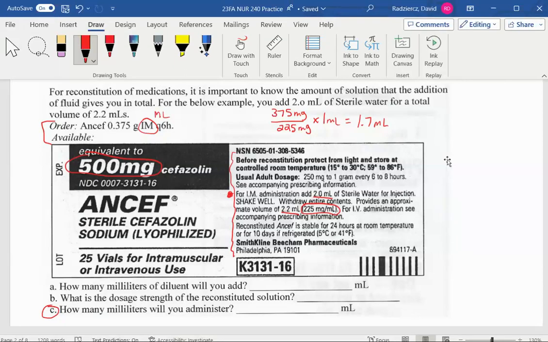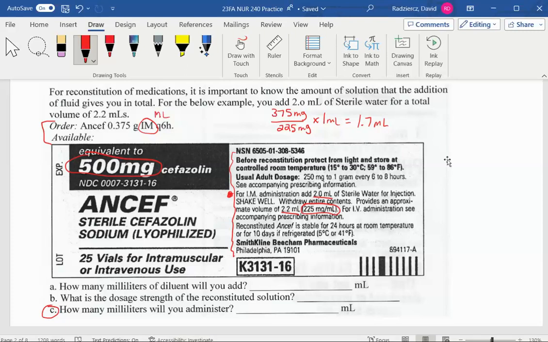In this type of reconstitution, you have to look at the directions in the label in order to find the concentration or the strength of the medication. What do I mean by that? First of all, you should know at this point that if it's intramuscular, it's an injectable and it's going to be measured in milliliters for the most part. You're going to use a needle to inject a liquid into the muscle, and we measure that liquid with milliliters.